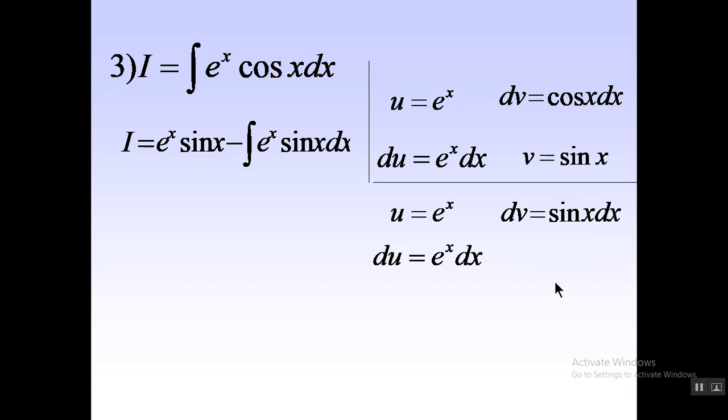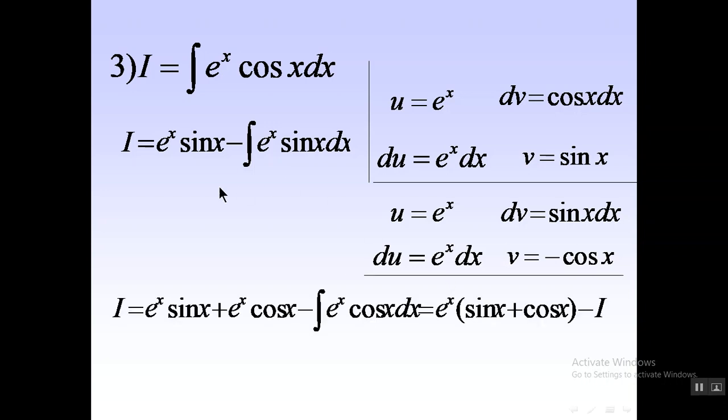Take the integral on this side, integrate, so the integration of sine x is minus cosine x. Now this part, e to the x sine x dx equals uv, which is e to the x times minus cosine x, minus integral v du, which is minus cosine x times e to the x.